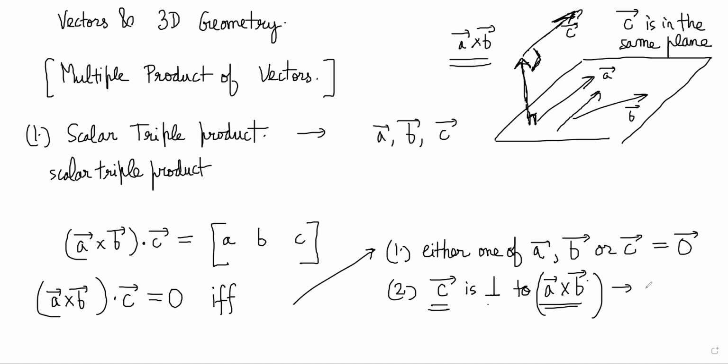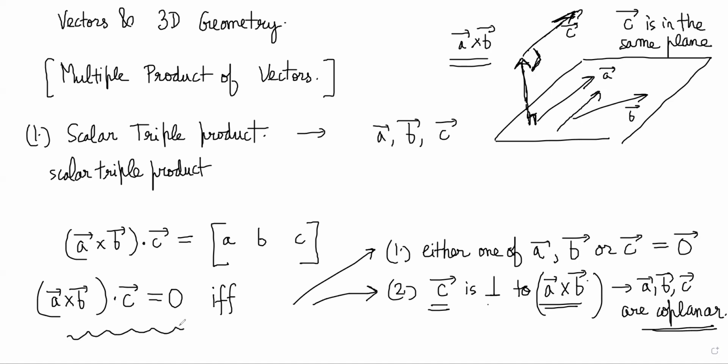So we can say here that A, B, and C are coplanar vectors. If A, B, C are coplanar, then the box product of A cross B dot product with C will be zero. So these are the two ways in which the box product can be zero. Either one of the vectors must be zero or the three vectors must be coplanar, right?